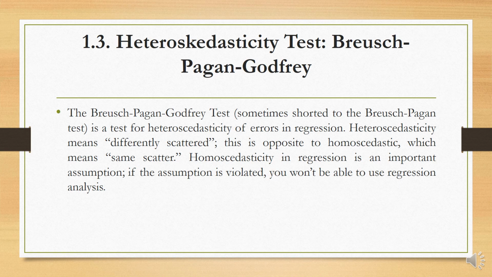Heteroskedasticity means differently scattered. This is opposite to homoskedastic, which means same scatter. Homoskedasticity in regression is an important assumption. If the assumption is violated, you won't be able to use the regression analysis or achieve the true statistical inference.